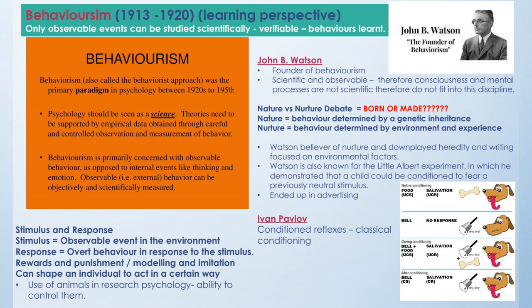Their significance was a big push between 1913 and 1920. But their key understanding, and this is where we think about the scientific discipline, was that only observable events can be studied scientifically. So what Freud was saying, like I said to you with introspection, there's nothing there that's empirical. So our behaviorists came forward and said we can only study what we can see, what can be verified.